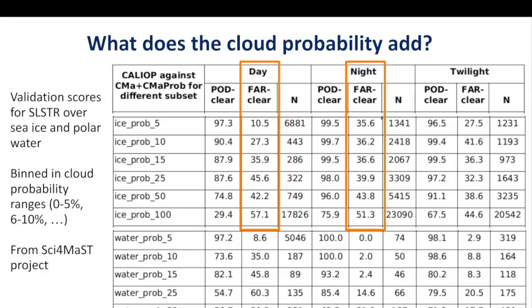At nighttime, we now also see that the false alarm ratio increases with increasing cloud probability, but the validation results do not get better than 35% for the lowest cloud probabilities.